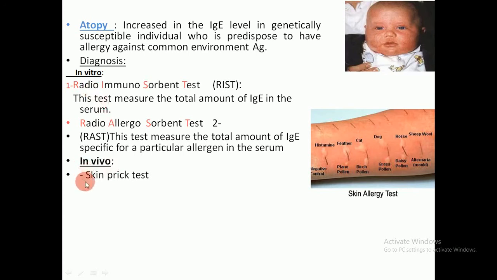Another test, in vivo, is the skin prick test, which is done in a specific institute in Baghdad. In this institute we use the flexor part of the patient's forearm, and using a needle we inject the specific allergen, for example dog, cat antigen, feather, horse, and egg.